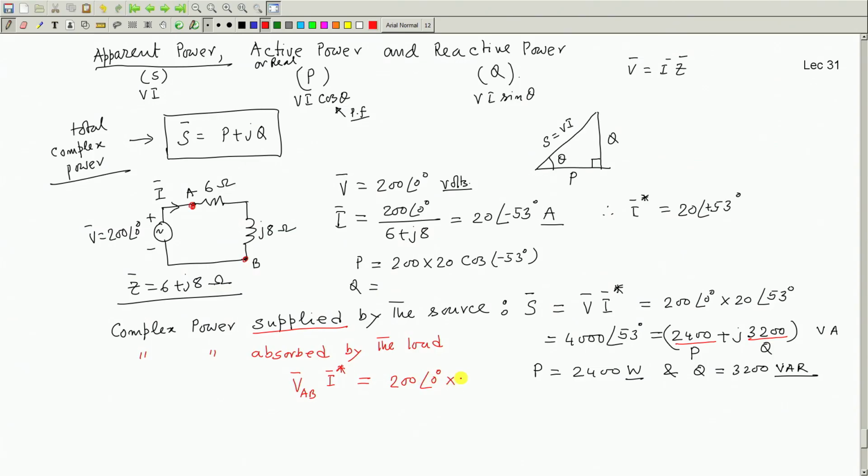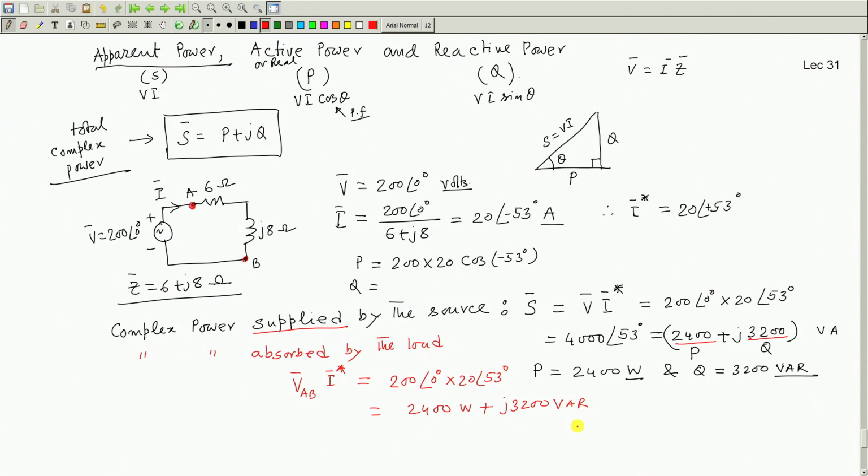In this case there is no difference, 53 degree, and you will get the same result, that is 2400 watt plus j 3200 volt ampere reactive.